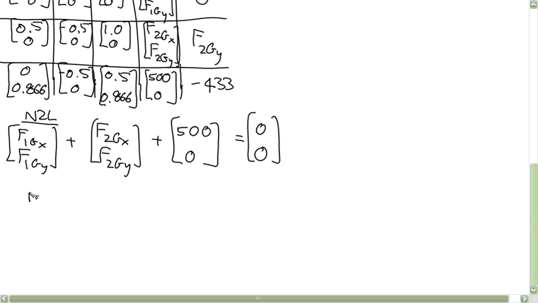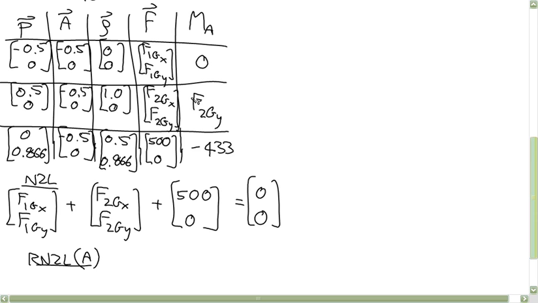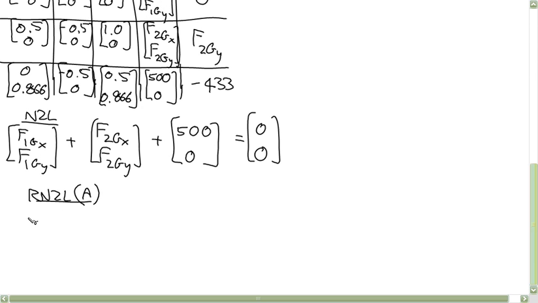And the rotational equation, F2gy minus 433 equals 0.